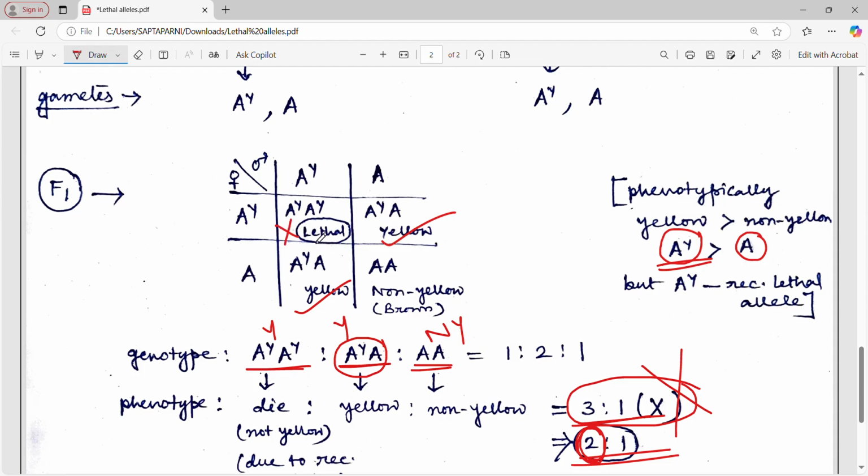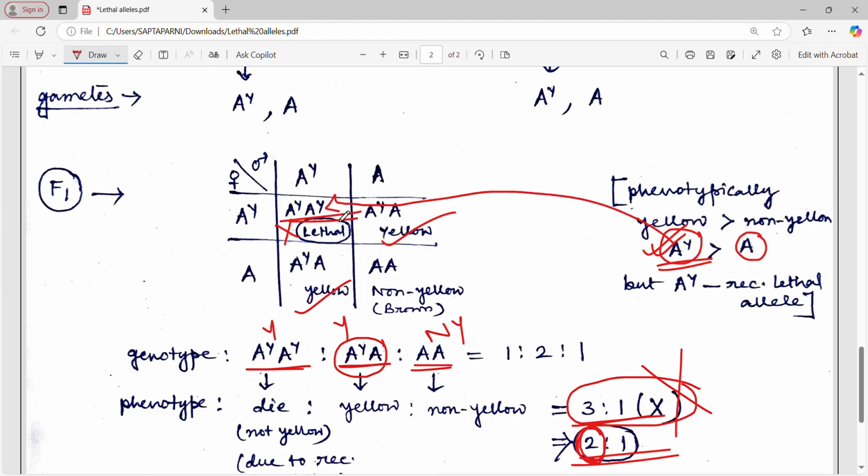That is, there is no A^Y A^Y genotype, and these A^Y A^Y mice are dead, dead in the uterus. So what happened? Why, being the phenotypically dominant allele, can A^Y not produce homozygous yellow mice?